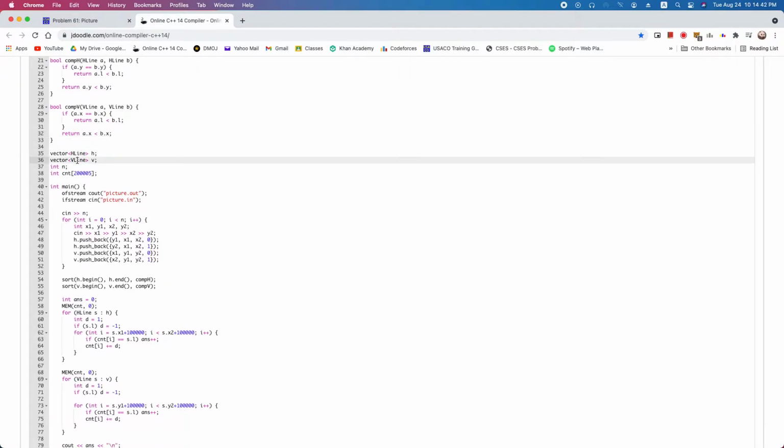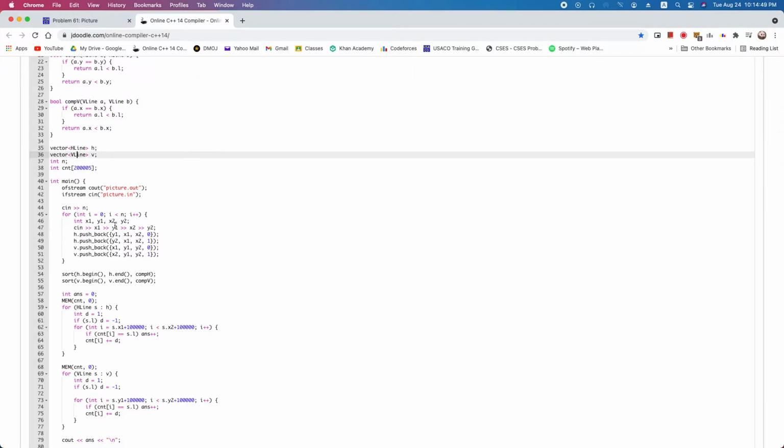So then here I'll create two vectors. One is to contain the horizontal lines and the other one contains the vertical lines. Every time we're reading an input, we will push back two horizontal lines. One is the starting horizontal line and one is the ending horizontal line.